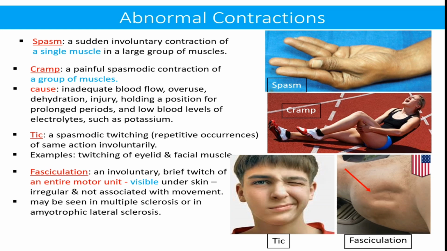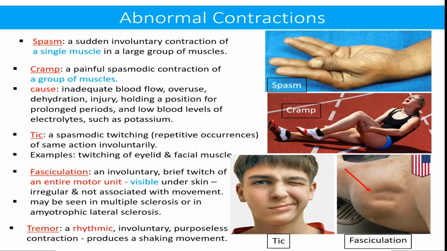It is irregular and not associated with any movement. It may be seen in multiple sclerosis or in amyotrophic lateral sclerosis. Finally, the tremor. It is a rhythmic, involuntary, purposeless contraction which produces a shaking movement.